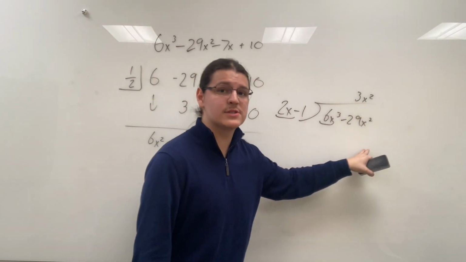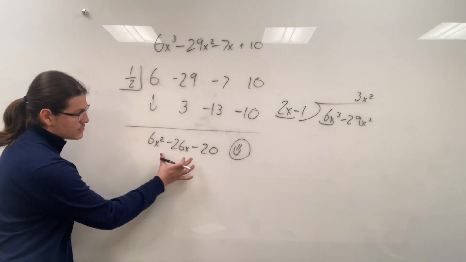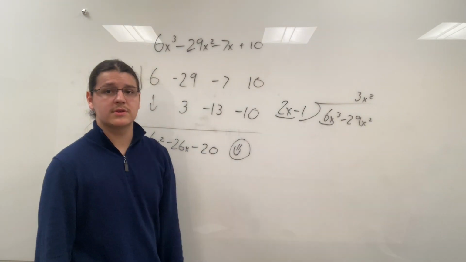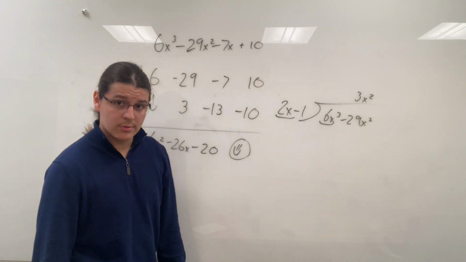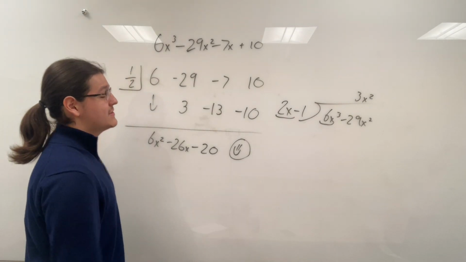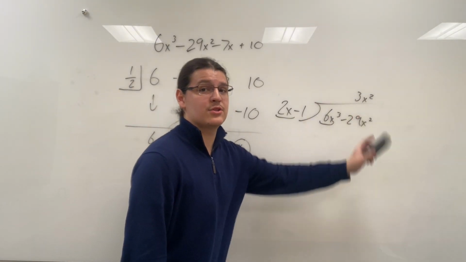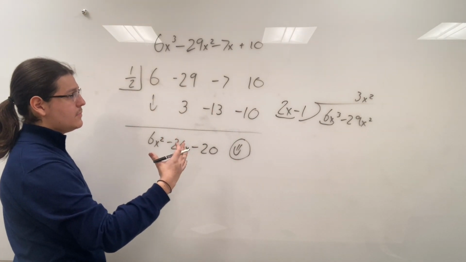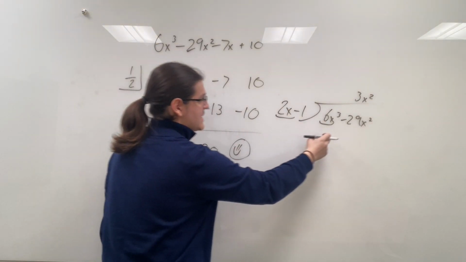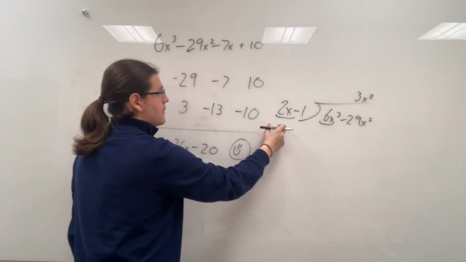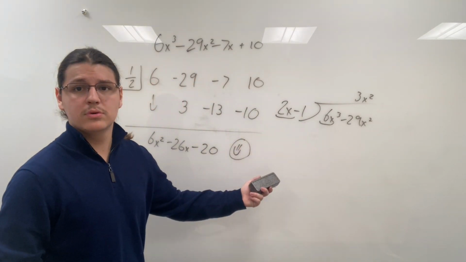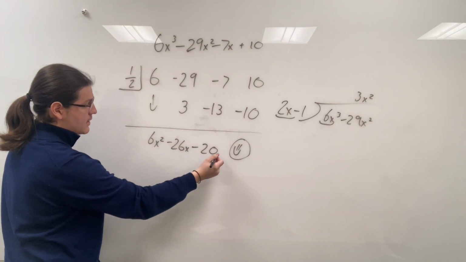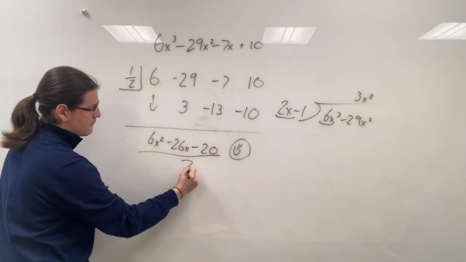If I did this whole process, we would get this whole thing except divided by our coefficient here. So, for the sake of saving time, I'm going to say that we know that we're going to divide each of these terms by 2. So I'm going to save time and divide this whole thing by 2.